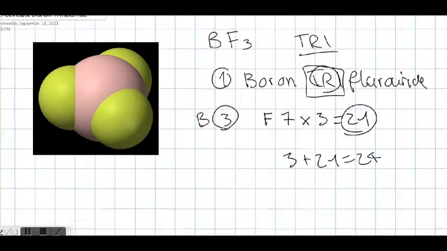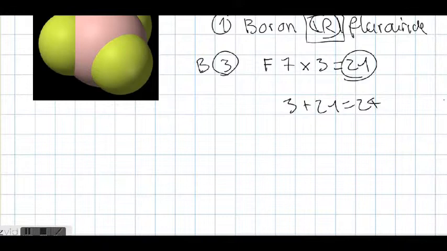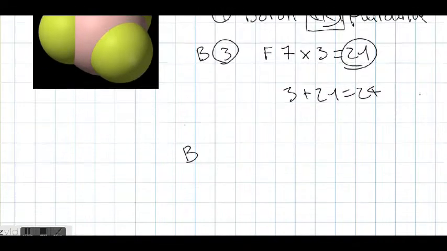Now once again, we look up here to see which atom is in the front, which happens to be boron right here. So this is going to be in the middle, B. And we'll have 3 fluorines surrounding it. 1, 2, 3. And we'll combine these bonds together again.